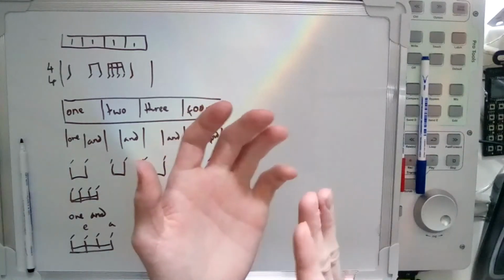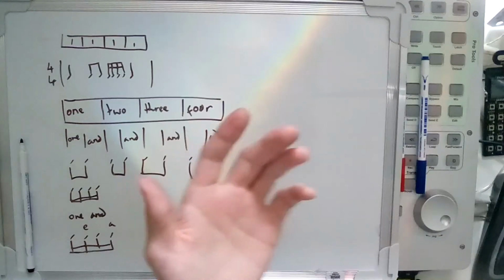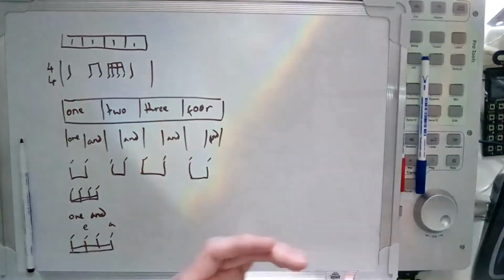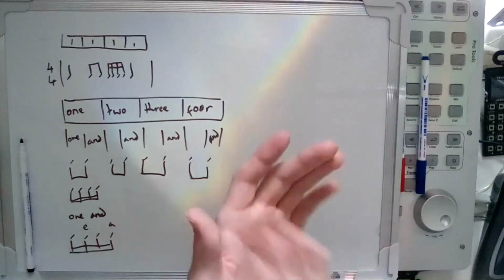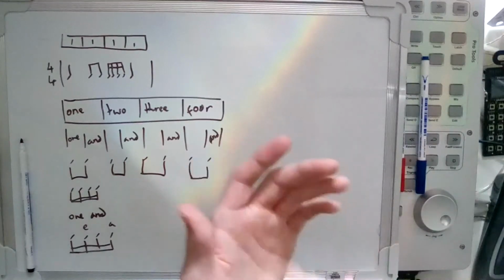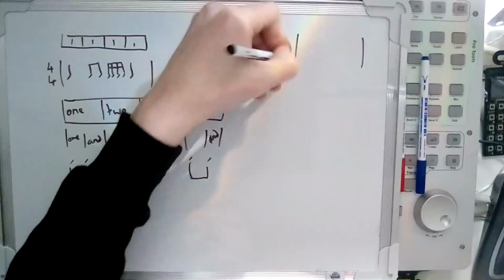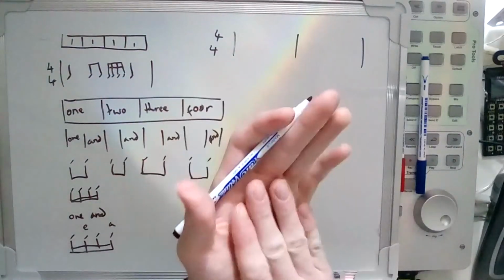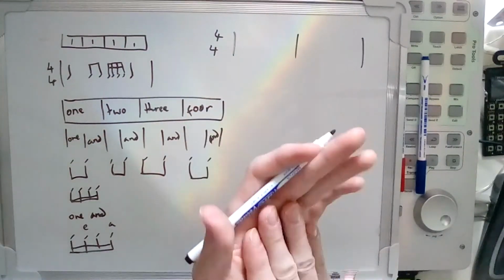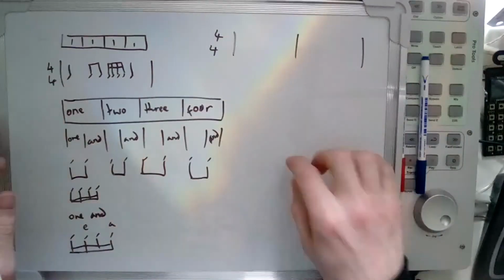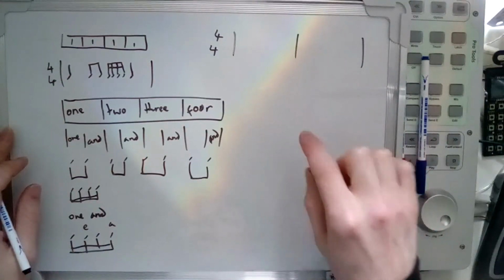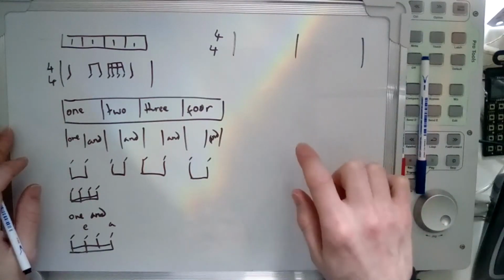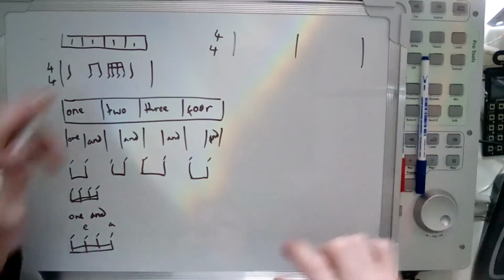So for example, if we were to notate a nursery rhyme, Baa Baa Black Sheep, have you any wool? Ba da da da da da da da. That's a 2-bar pattern in 4/4, and it looks like this: Baa Baa Black Sheep, have you any wool? 1 2 3 4. 1 2 3 4.